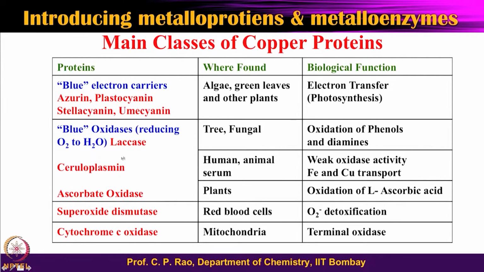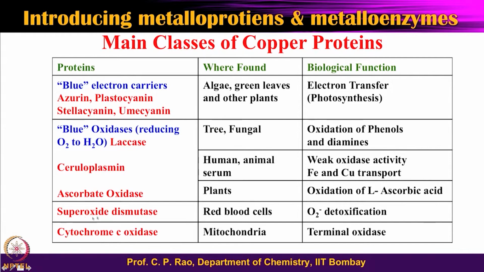So these have got one of them is the electron transfer blue protein where the blue color is coming from, and then the redox center for the other part of it. So this can be involved in a variety of reactions, oxidations of phenol and ascorbic acid, many of these things. And some of them are also involved in the transport phenomena too. We will come to that little later.